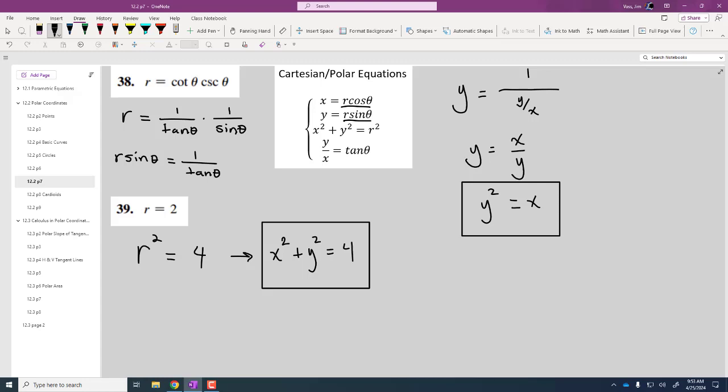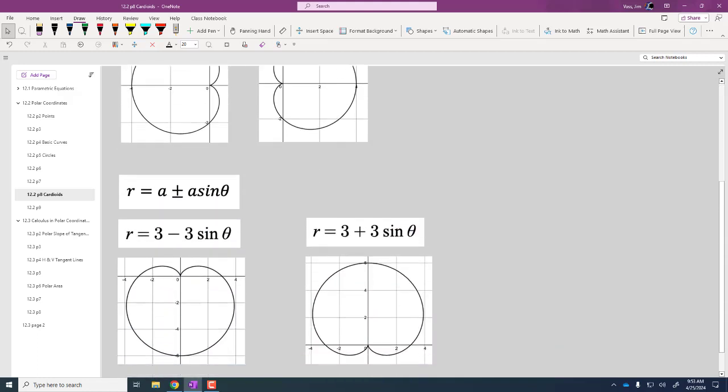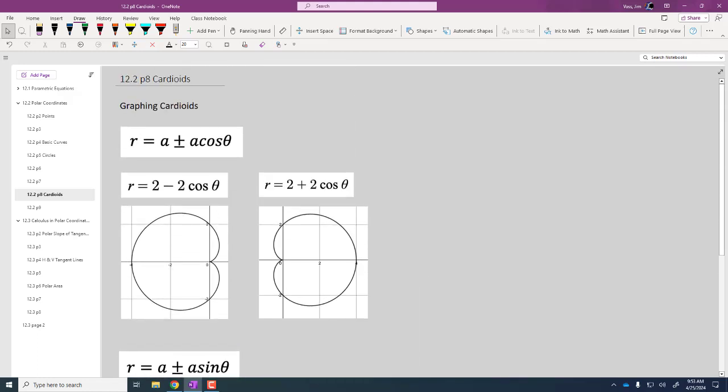All right, the last type of curve we're going to look at is a cardioid. So if we look at these equations, the cardioids look like a circle plus a constant, right? We already talked about a constant times cosine or a constant times sine being a circle. But here we're adding a constant of the same magnitude.